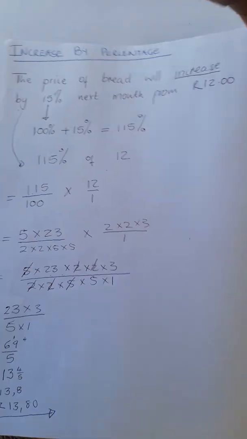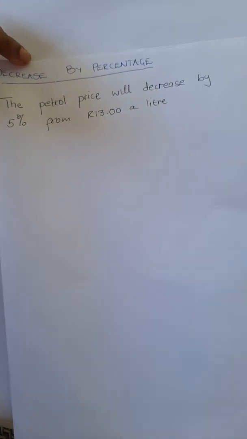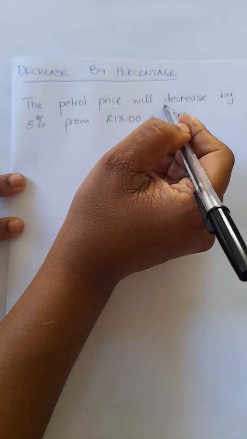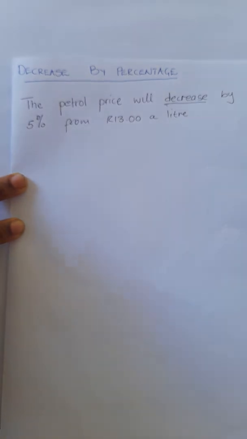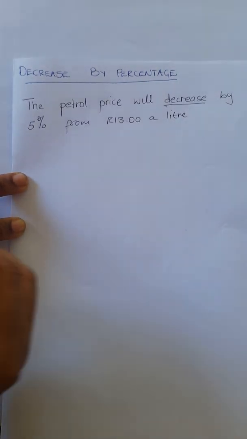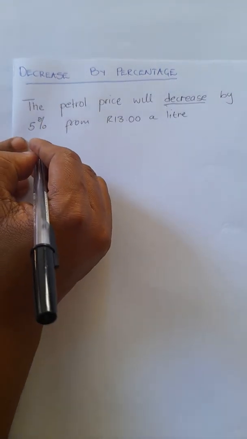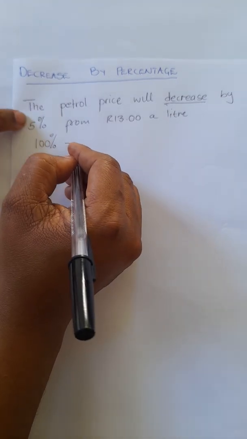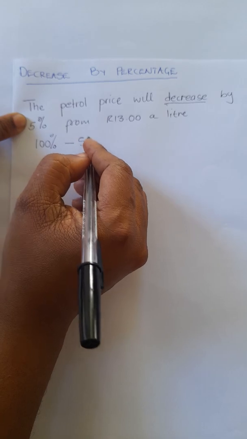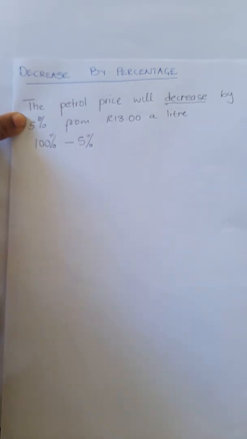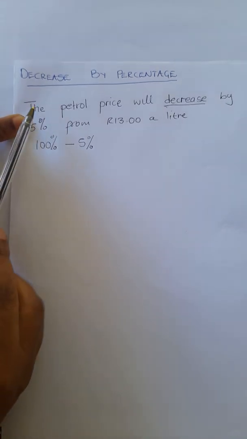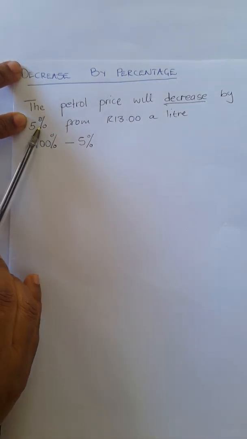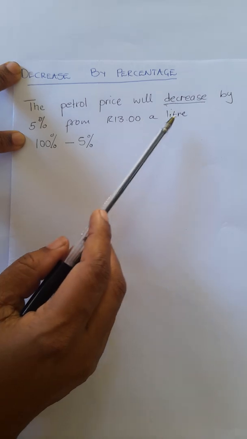Now let us look at decreasing the price. Decreasing the price, the key is decrease. If you decrease, you take away or you subtract. So we're going to say it's 100%, and we take away 5%. Let me explain the example that we are doing first. They say the petrol price will decrease by 5% from 13 rand a liter.